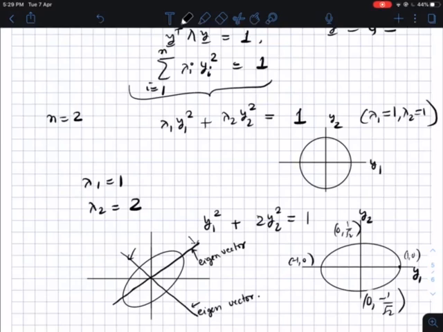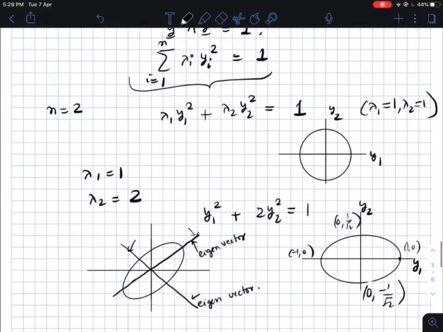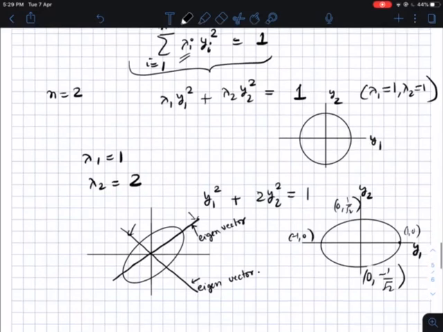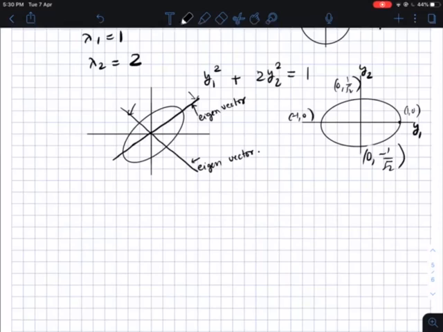Okay, so you can see that essentially the geometry is that of an ellipse. So even in n dimensions, if all the lambda i's, if all the eigenvalues are positive, then the level curve of a quadratic form is an ellipsoid if all eigenvalues are positive.